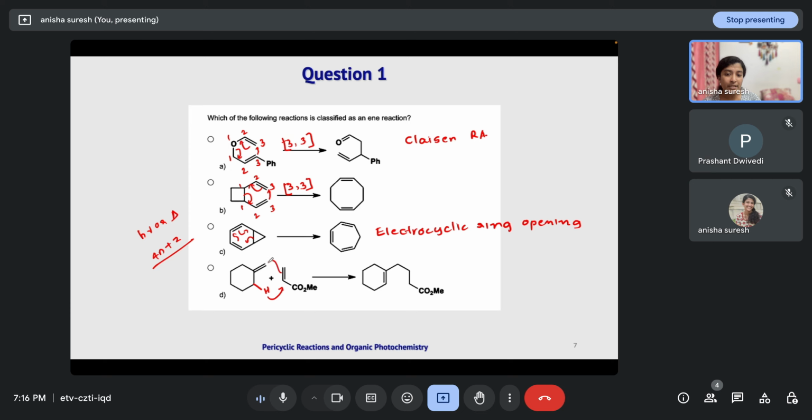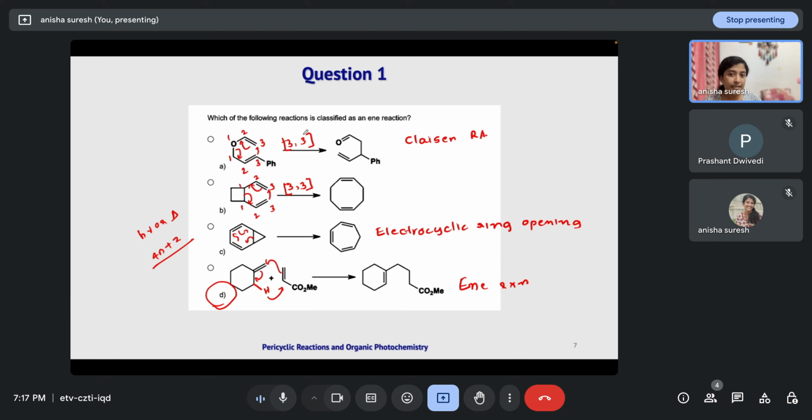This hydrogen will be shifting here, carbon-carbon bond will be forming and it will result in the formation of this final product. So they are asking which of the following reactions is classified as an ene reaction. So among the four options, option D will be the right answer, where this is an ene reaction.